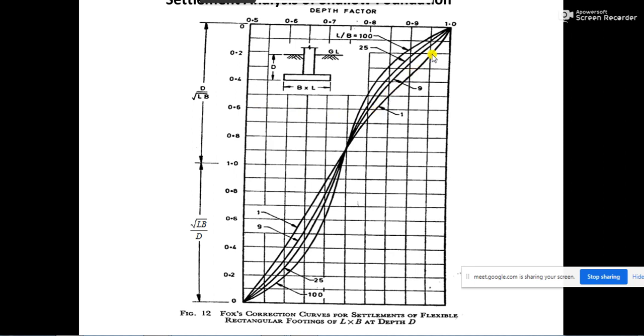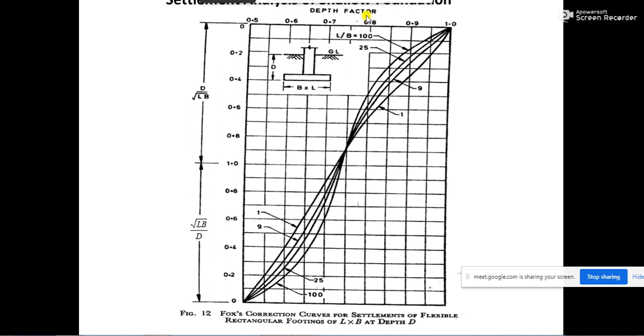This is the L by B equal to 1 curve, which is for a square footing. You take the value from here and drop a perpendicular to this point, and you are going to get the value of depth factor near 0.8.